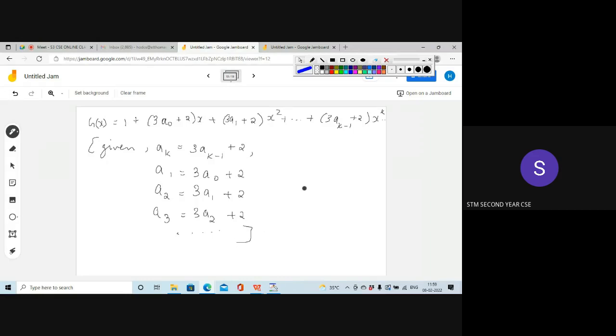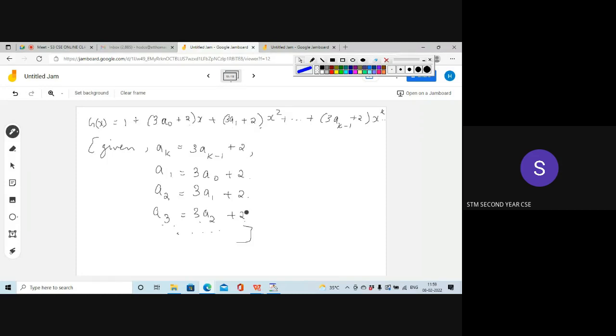In the given equation we are just substituting the value of k as 1. You get this part and you substitute it here for a1. Then put k is equal to 2, you will get this equation, substitute for a2 here. Then put k is equal to 3, you will get this part, substitute for a3 here and so on.